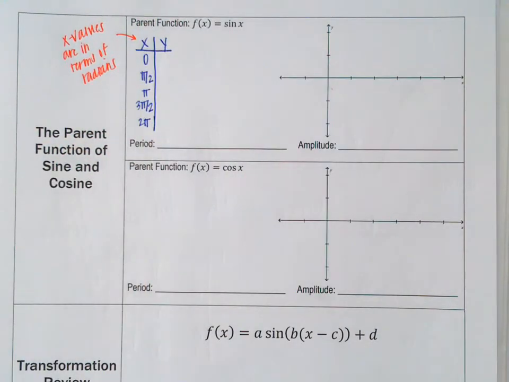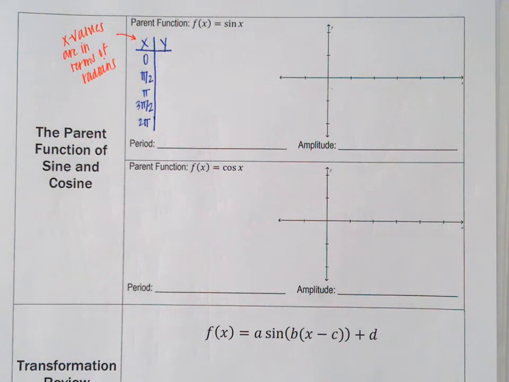It really doesn't matter what you use, but those are the typical ones. Just like we could use -2 to 2, you can really use any x values. These are just the easiest ones that we choose.